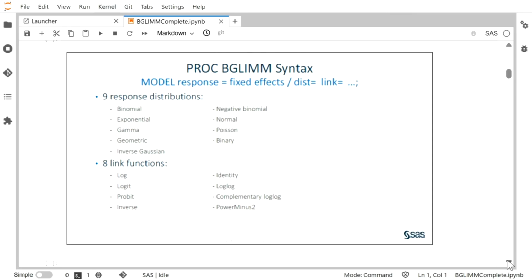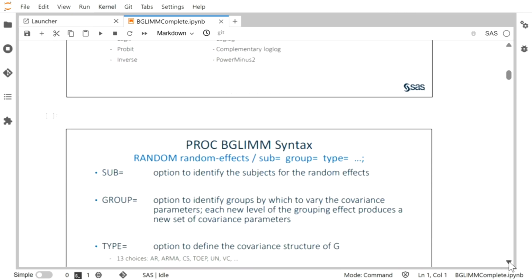Any combination from the distribution list and the link function list, you've got a problem that we can use. Again, very similar to what you would have seen in GenMod already and in GLIMMIX already. And notice that the distributions and the links are pretty much very typical ones that most people will have already been wanting to use, or you will see in most of their typical problem types.